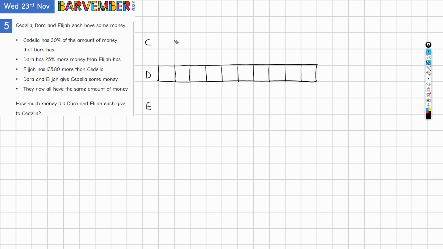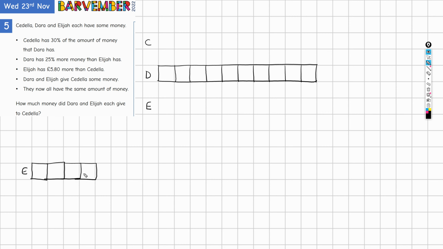Now, I know that's going to work with Cedella. Let me just check that it works with what Elijah has. So we're told that Dara has 25% more money than Elijah has. If you think about it, that means that Elijah's money must have four parts to it, or you can divide it into four parts. So that's 1, 2, 3, 4.